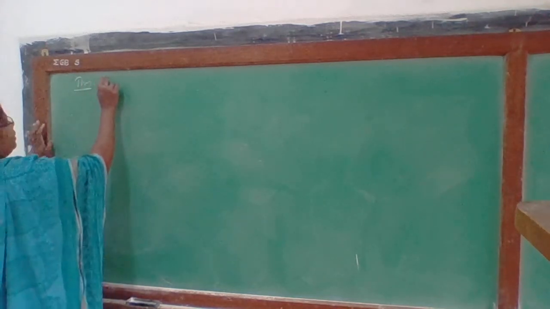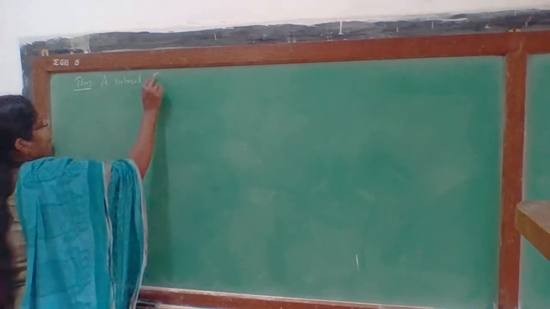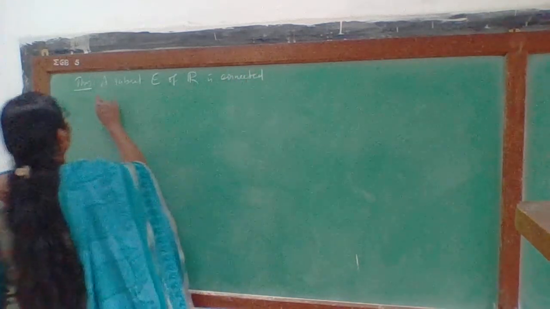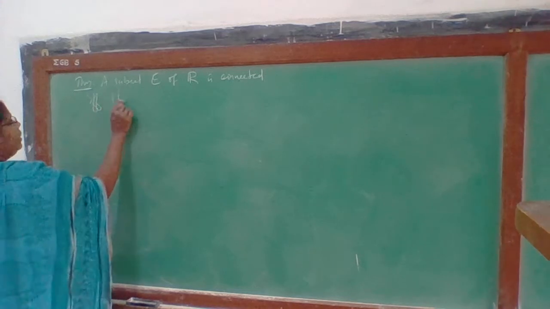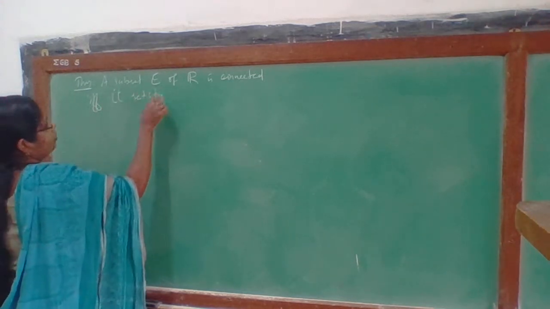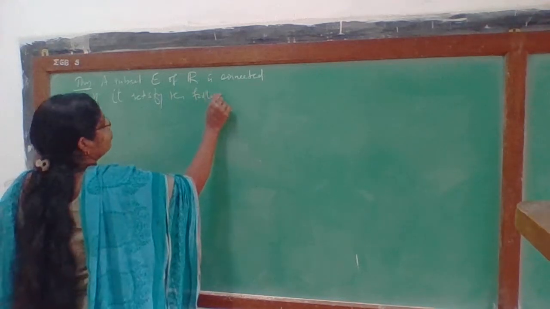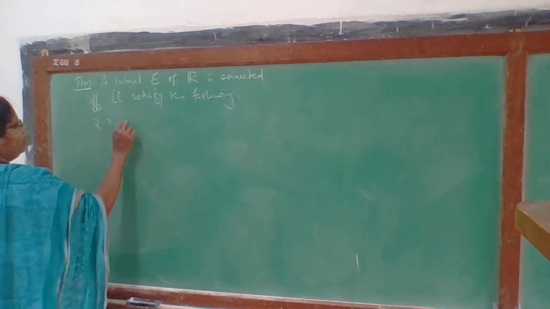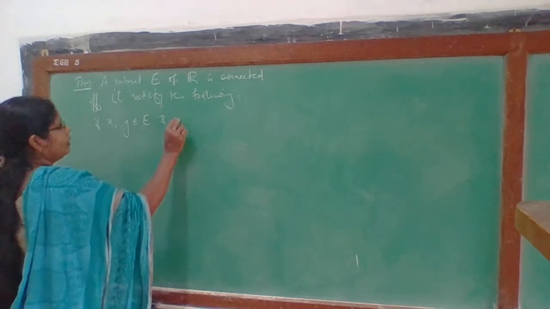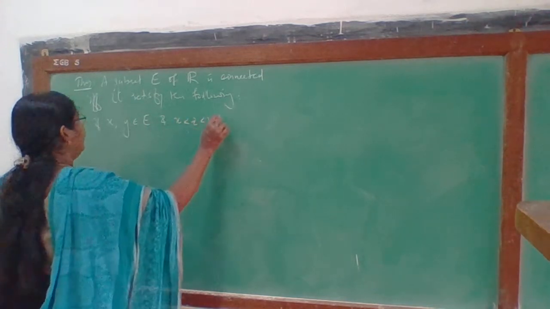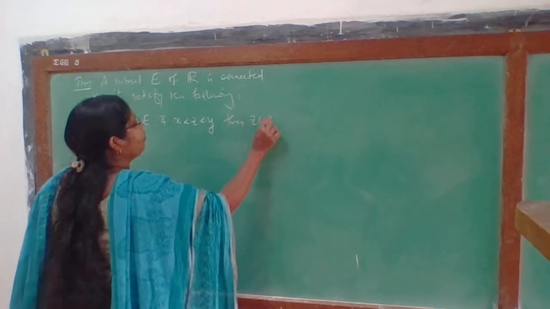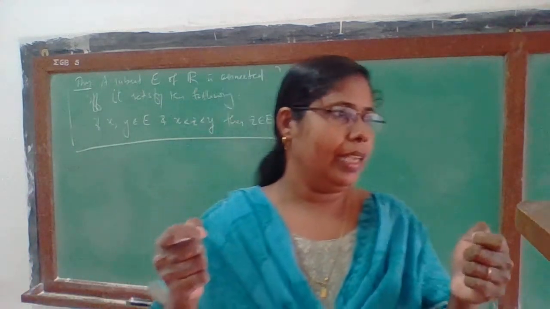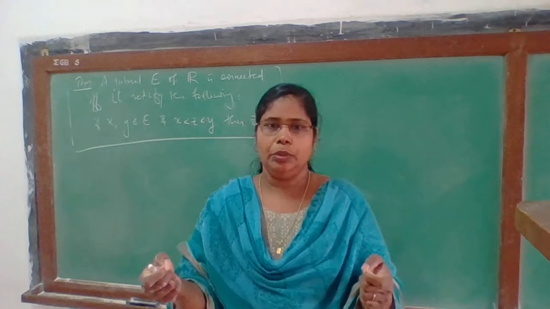A subset E of R is connected if and only if it satisfies the following: if x and y are elements of E and x < z < y, then z is an element of E. Given any two points in the set E, any point in between those two must be in the set, an intermediate value.